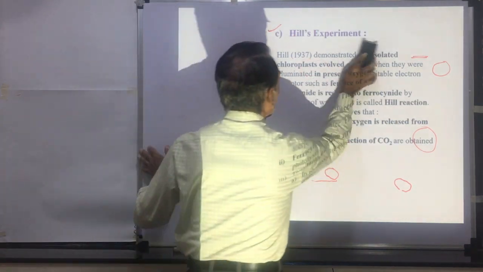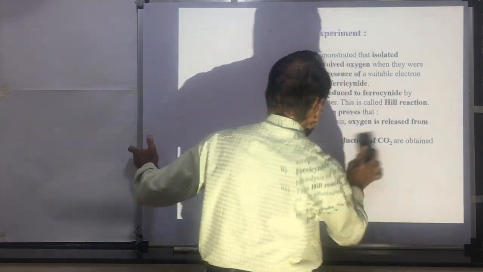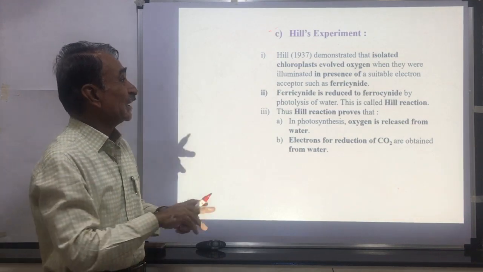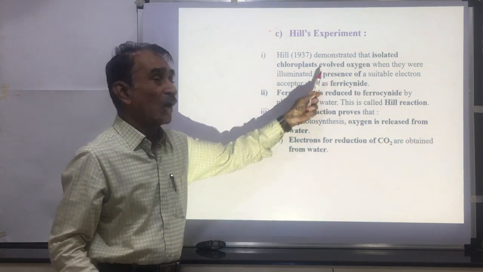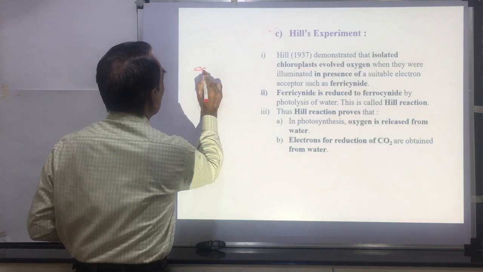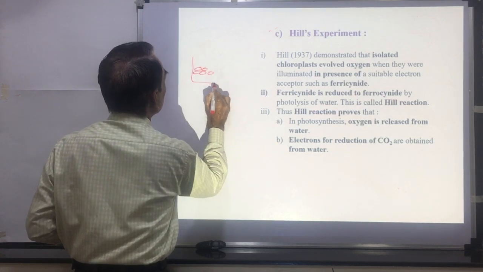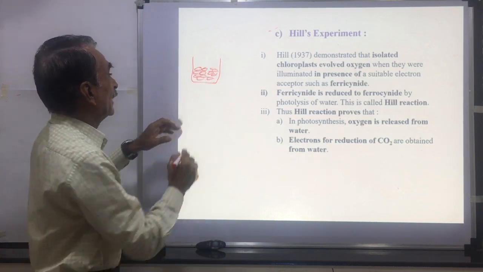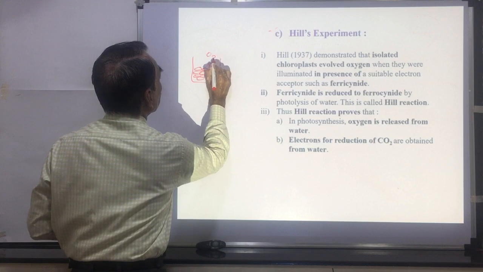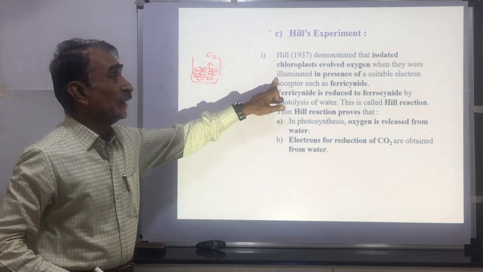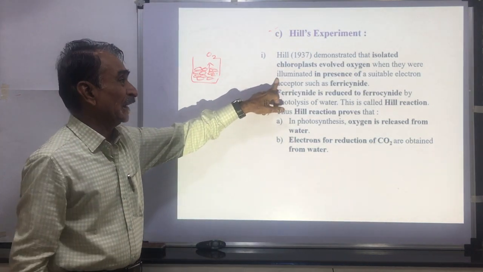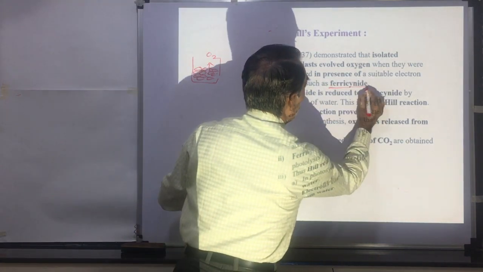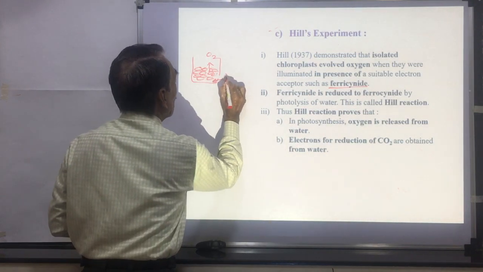Then Hill's experiment. Hill in the year 1937 demonstrated that isolated chloroplasts evolve oxygen when they are illuminated, when light is provided to them, in the presence of a suitable electron acceptor, that is ferricyanide.